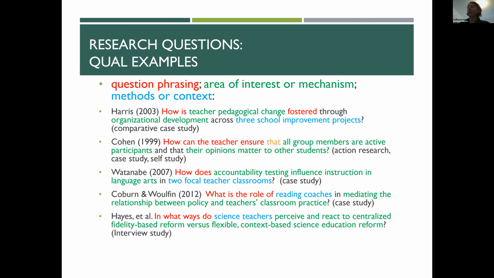So now we know it's a comparative case study, and that they're looking at teacher pedagogical change and how that's fostered through organizational development. That's the mechanism. That's what they're interested in. The second question says, how can the teacher ensure that all group members are active participants and that their opinions matter to other students? So this to me implies action research or maybe a self-study.